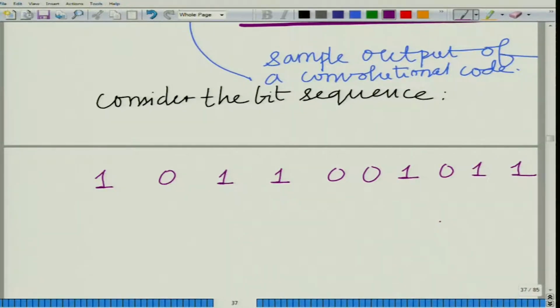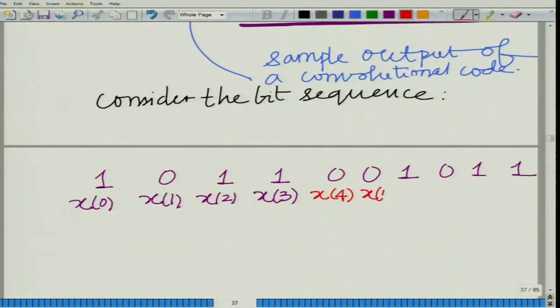So this is obviously x0, x1, x2, x3, x4, x5, x6, x7, x8, followed by x9.